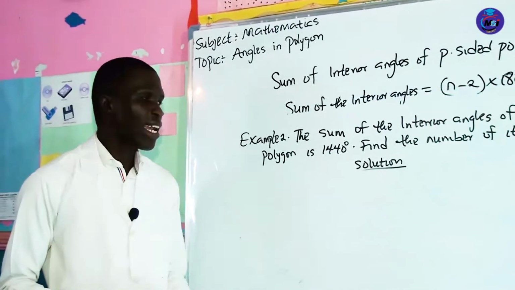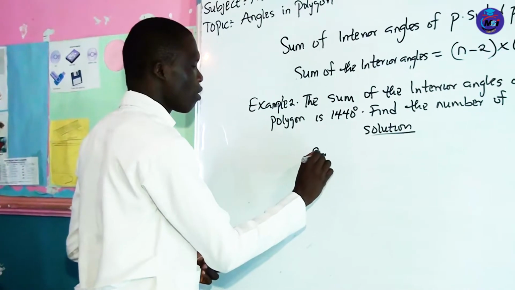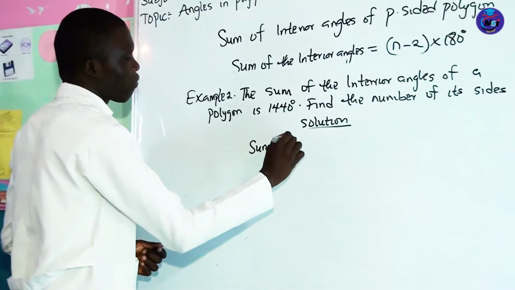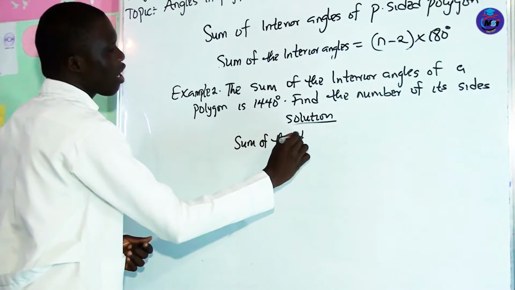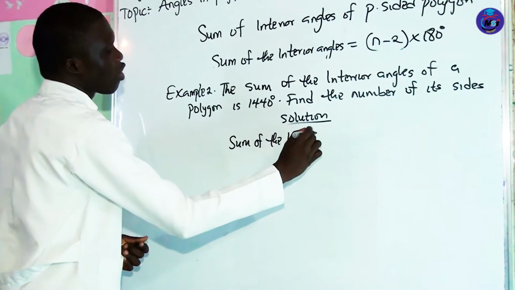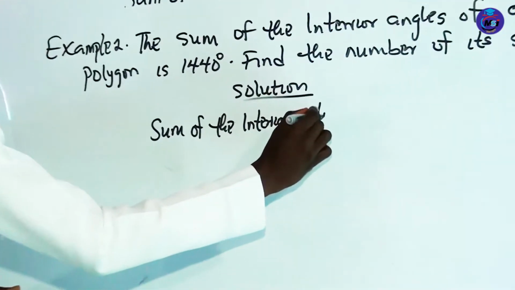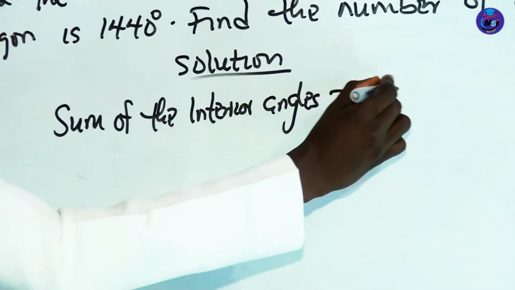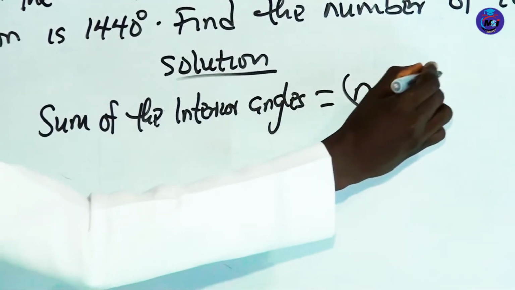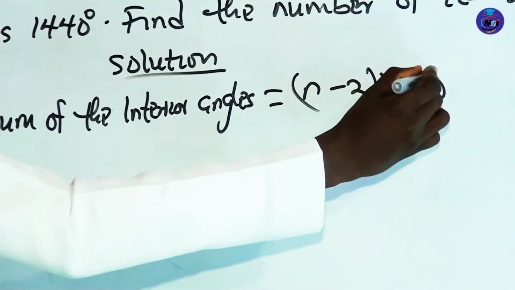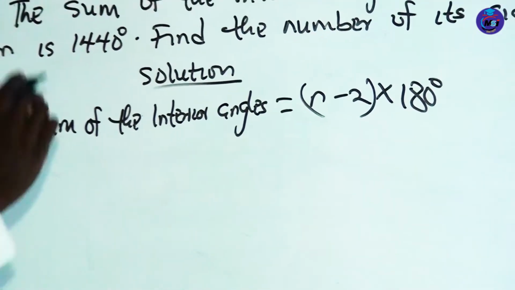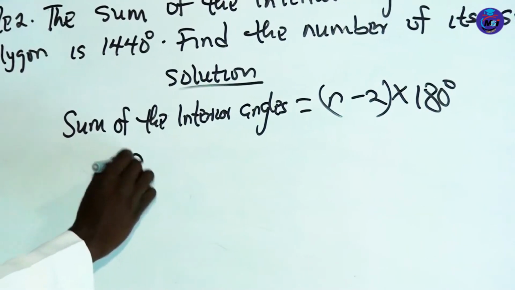How can we find the n? Sum of the interior angles equals (n minus 2) multiplied by 180 degrees. Okay, now n is what we are looking for.